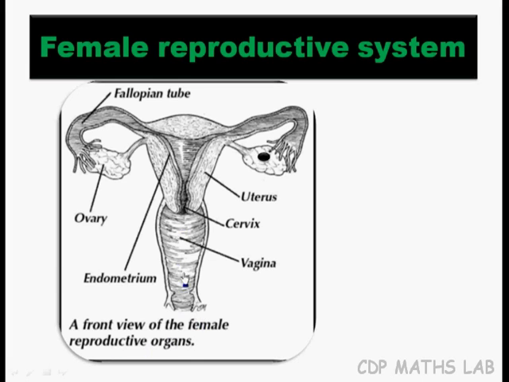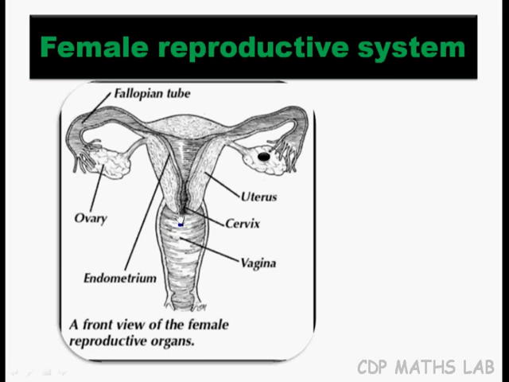Now, this area right here is called the vagina, and the average length or depth of the vagina is normally 3 inches, and for some, maybe a little bit longer.